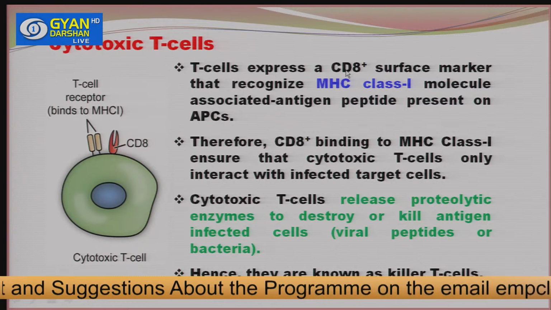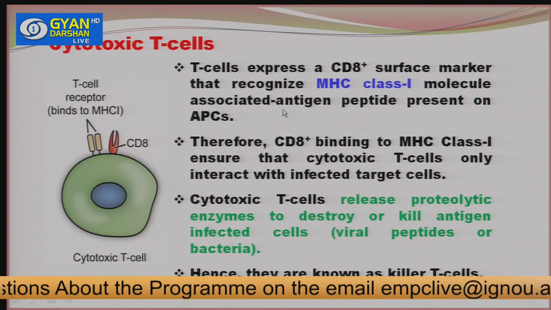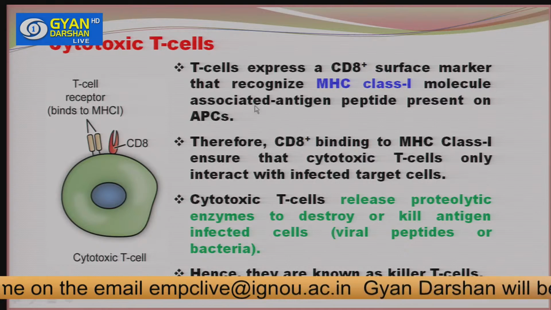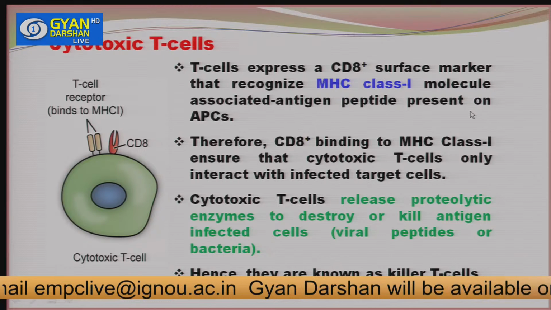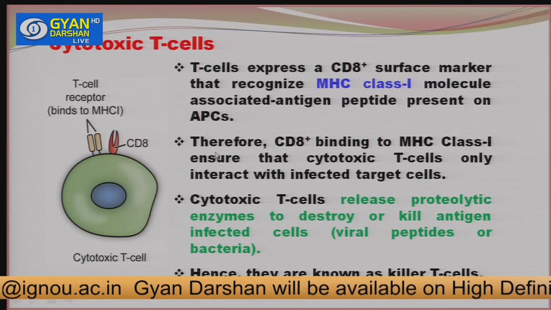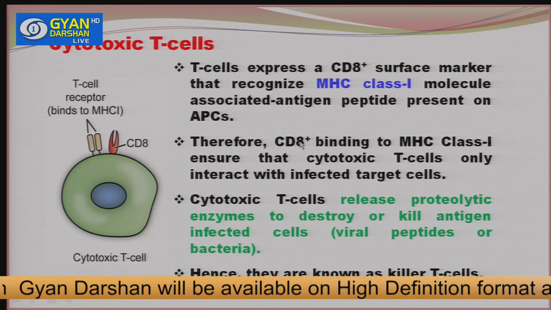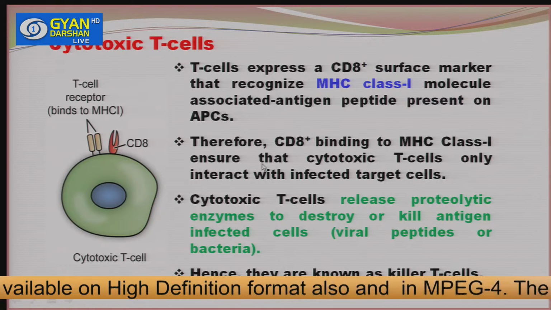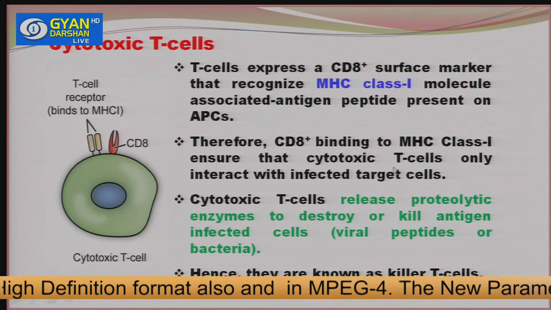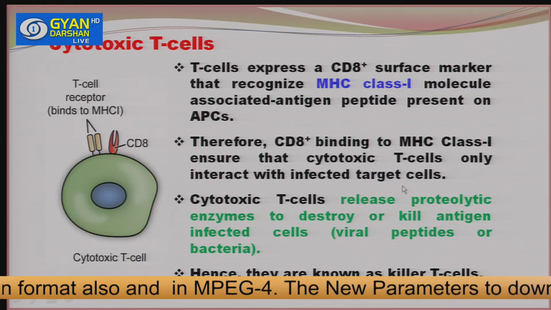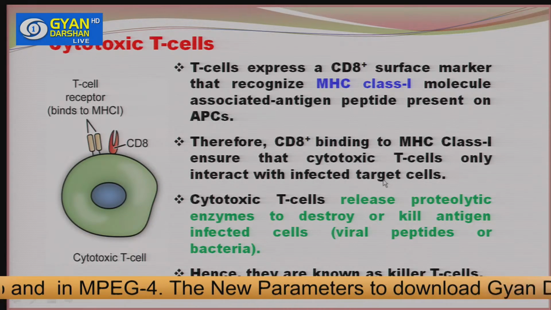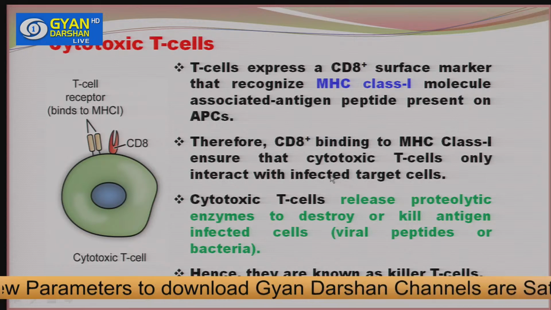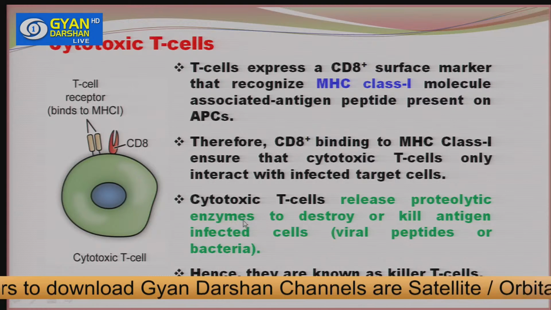The T cell expresses the CD8-positive surface marker to recognize the MHC class I molecule associated antigen peptide present on the antigen presenting cells, and therefore CD8-positive binding to MHC class I ensures the cytotoxic T cells only interact with the infected target cells. The infected target cell may be bacteria or viruses.